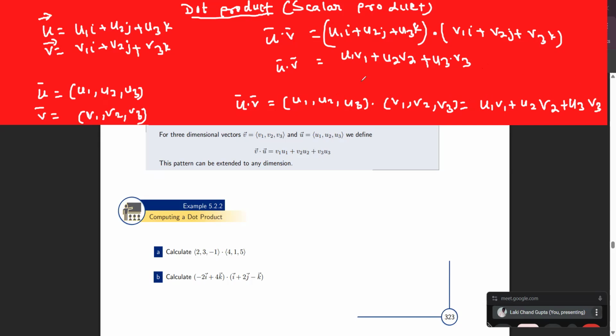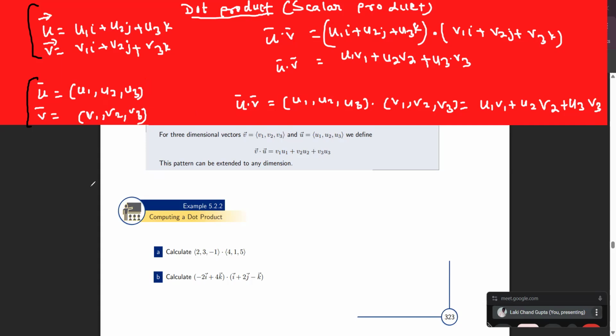I think the second notation is easier to understand, because I'm confused with I and A. Sometimes it is represented in this way and sometimes in this way, so you must know both ways, and both are important. Usually this bracket is used, but sometimes you can use this bracket, no issue.